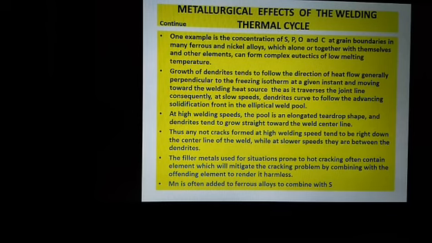The filler metal used for situations prone to hot cracking often contains elements which will mitigate the cracking problem by combining with the offending element to render it harmless. Manganese is often added to ferrous alloys to combine with sulfur.